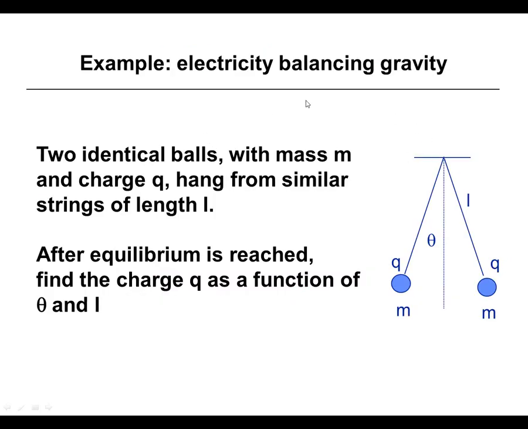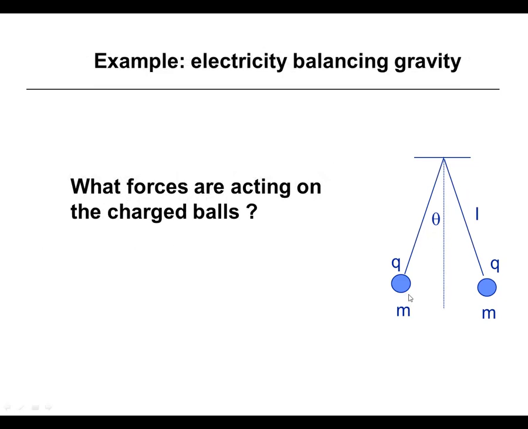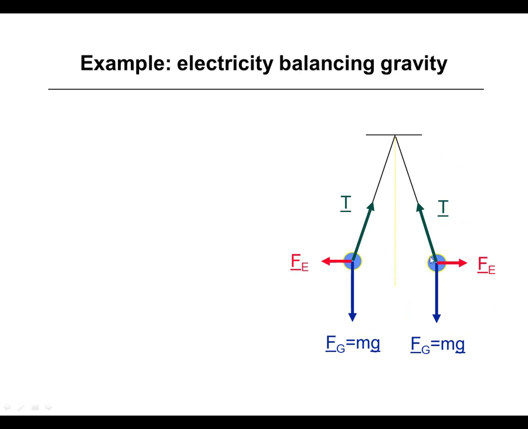For example, you see two balls, and you see that there is some angle between them, and they have equal mass. And what are the forces? These charges are equal, so they repel each other. So there is an electric force on one ball and an electric force on the second ball, and T is the tension.